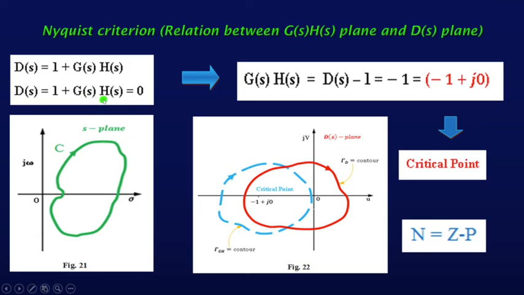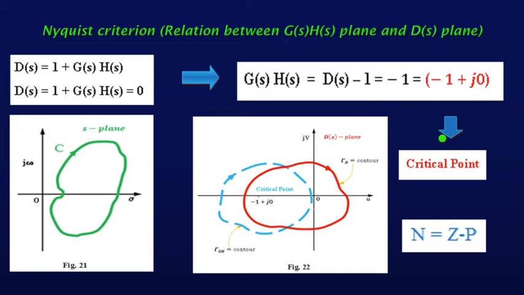DS equal to 1 plus GSHS is equal to 0. If we consider DS plane, then encircle the origin. If we consider GSHS plane, then encircle the minus 1, that means minus 1 plus J0 point.